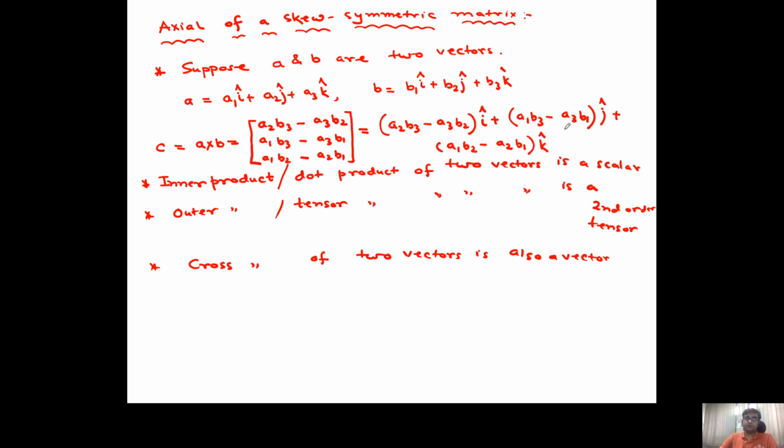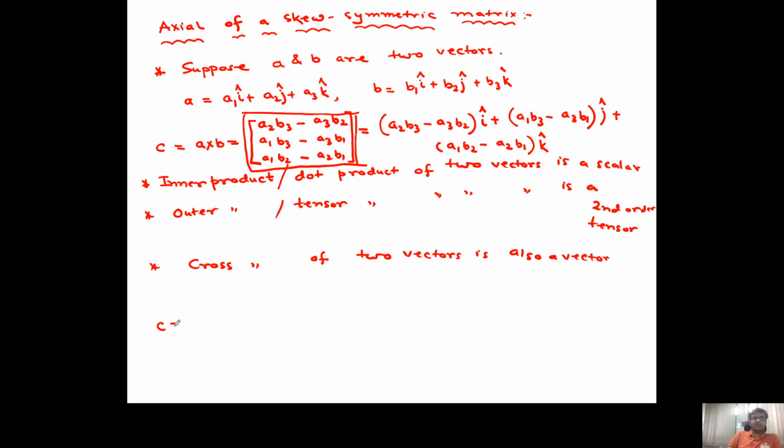So that is how it will look. Now there is a third way of writing it, and this is what we will be concentrating on. So let me write it down.